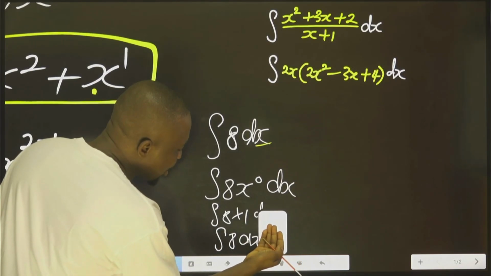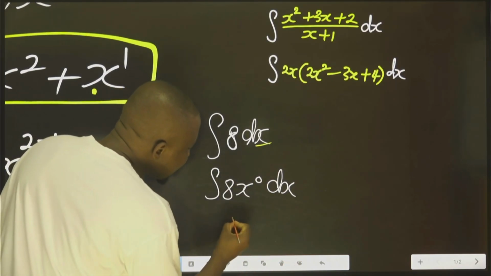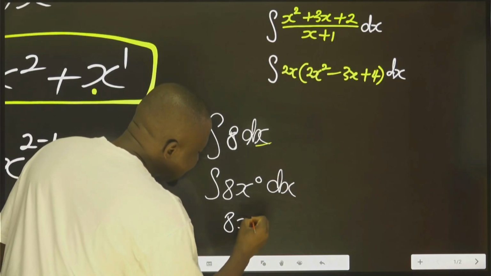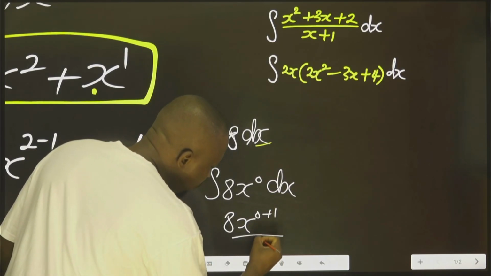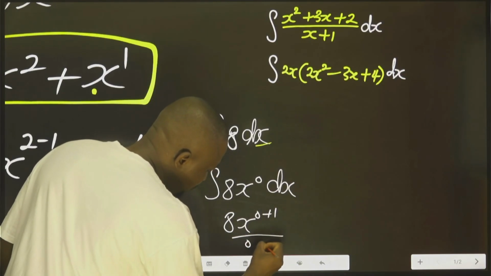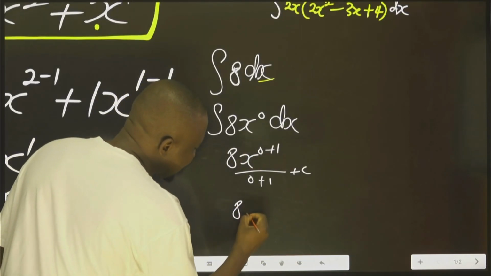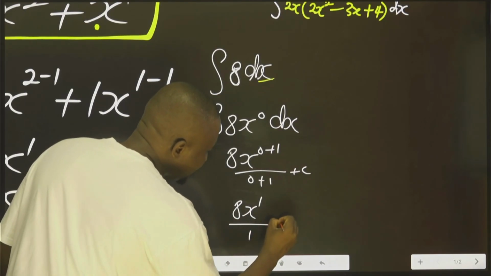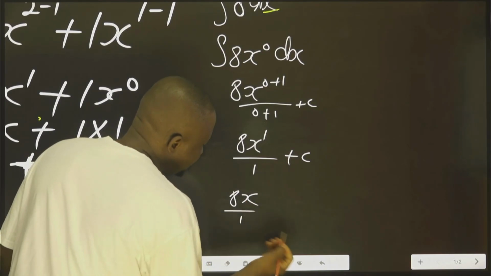So we have not changed anything. Now, to work on this now is 8x^(0+1), whatever that comes out from here, we say over that, that is 0 plus 1, plus c. And you agree with me now, this is 8x^1 over 1 plus c. Any x raised to power 1 is still the same x.